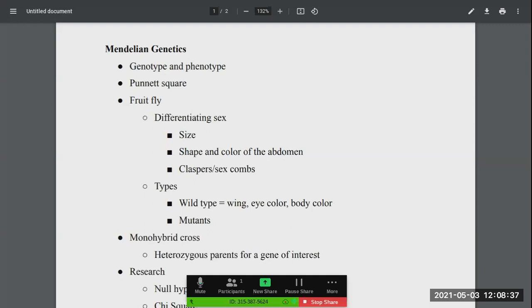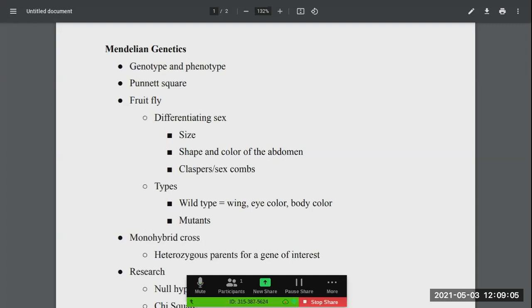So, for example, male fruit flies tend to be smaller in size, and the shape of the abdomen tends to be a little bit rounded instead of pointed, and the color of the abdomen tends to be dark. So they are small, and they have a rounded abdomen, and it tends to be darker, like dark brown or sometimes blackish color.